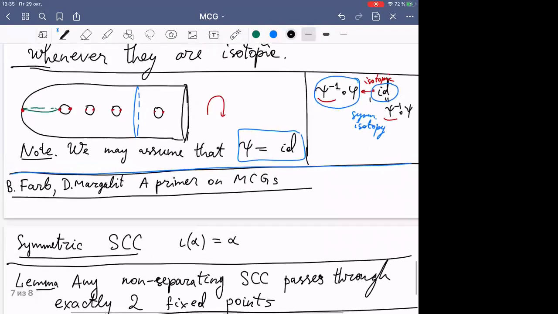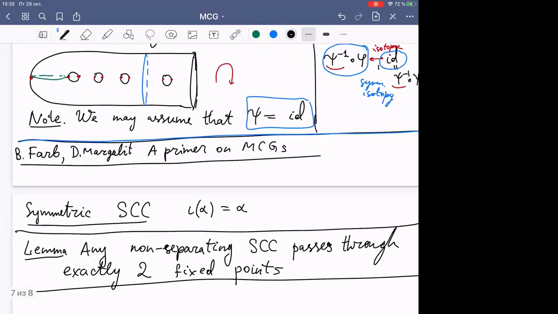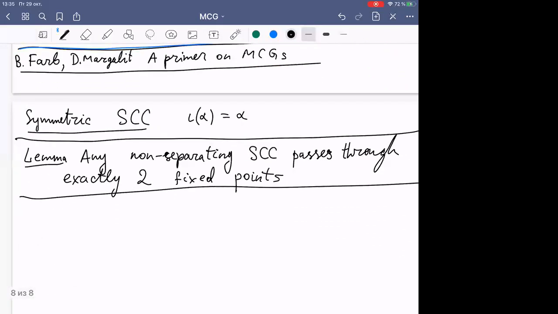So this blue one is separating, so it is allowed for a separating curve not to pass through a fixed point, but any non-separating one must pass through exactly two fixed points. Let us prove this.